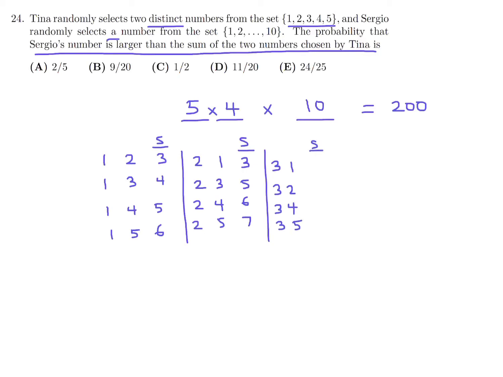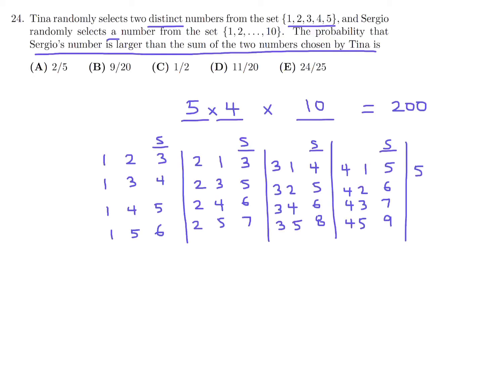The sums here are 4, 5, 6, and 8. And I think we have just a few more. 4 with 1, 4 with 2, 4 with 3, and 4 with 5. The sums here are 5, 6, 7, and 9. And finally, 5 with 1, 5 with 2, 5 with 3, and 5 with 4.